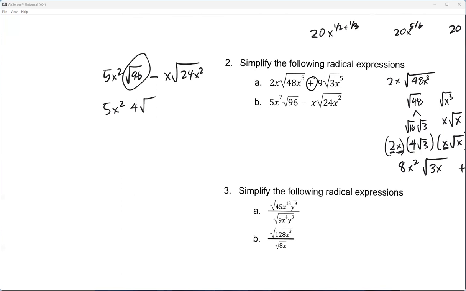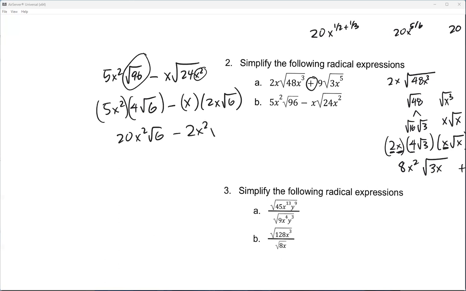Yep, 4 radical 6, minus x, and then this is 4, so 4 comes into this, so it'll be 2x, you could take out the x, and then radical 6 as well. So when you combine this, this is 20x squared radical 6 minus 2x squared radical 6, which is 18x squared radical 6.